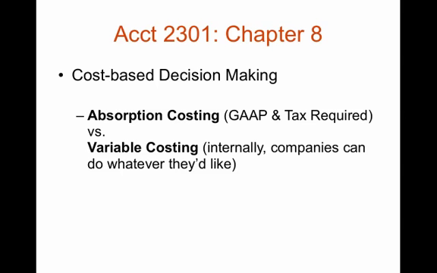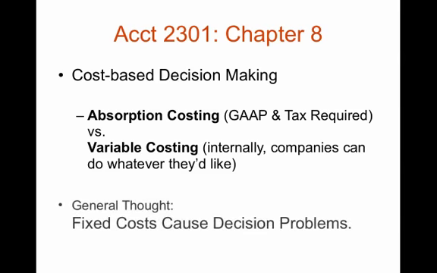Regardless, these two types of costing systems provide some kind of relationship between chapters 3 and 4, where we split fixed and variable cost, and the most recent three chapters, 5, 6, and 7, where we look at how costs are actually calculated.